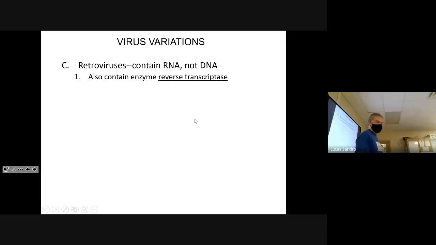Chance. I'm going to guess it goes along the chain of RNA and then it finds a place to cut and then it cuts it and injects DNA into the cell. Nope. The virus injects both things into the cell, both the RNA that it has and the enzyme reverse transcriptase. What does reverse transcriptase do? Which is what?